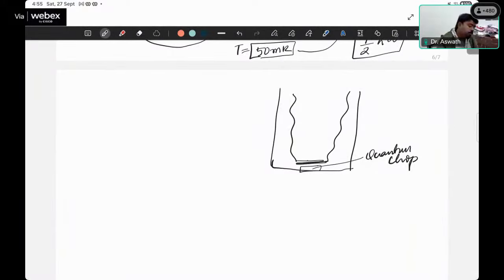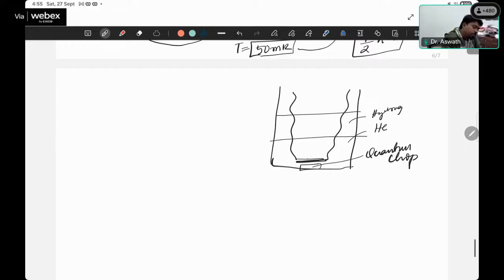Now this is a quantum chip. What people do is layer by layer, they fill it with liquid helium, liquid hydrogen. Liquid form. So why different liquids? Because the liquefaction happens for them at particular temperatures.